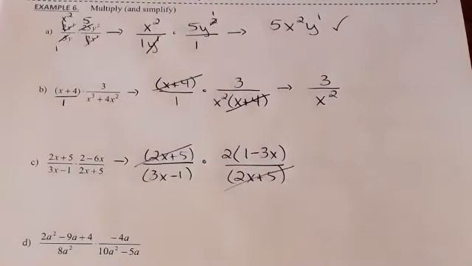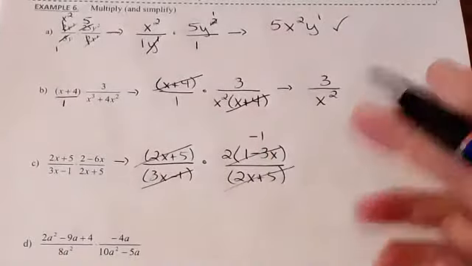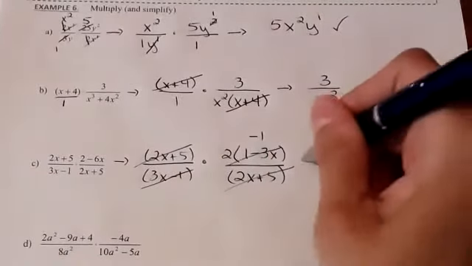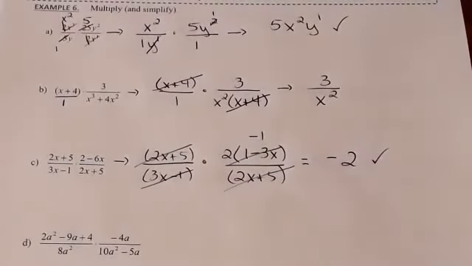I hope you don't hate that I say that, okay? The 1 minus 3x and the 3x minus 1, those are the binomials that when they divide out, it leaves you with a -1. So we don't want to forget that negative. So these two are going to cancel, leaving you with a -1, which means we have 2 times -1, and that gives us a final answer of -2.